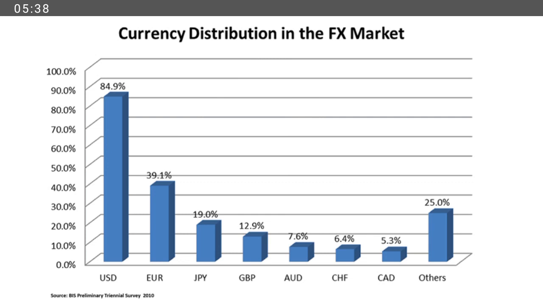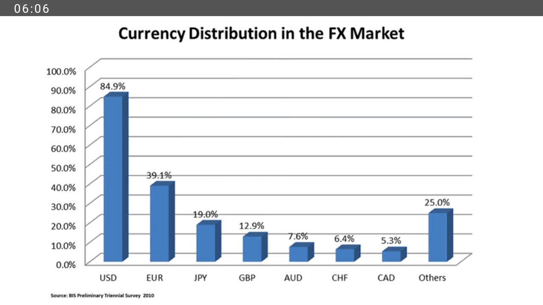Second is the euro, Japanese yen, Great Britain pound, Australian dollar, Swiss franc, Canadian dollar, while other currencies take up the remaining 25%.